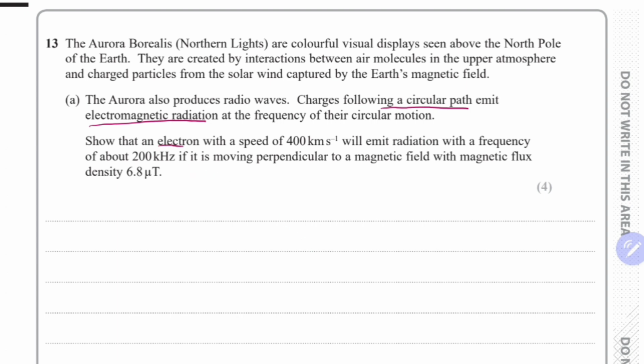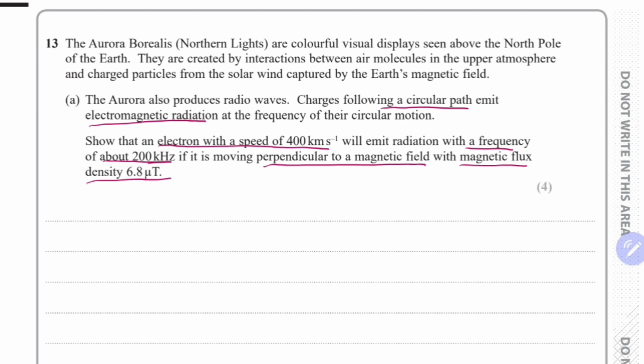Show that an electron with a speed of 400 km per second will emit radiation with a frequency of about 200 kHz if moving perpendicular to the magnetic field with a magnetic flux density of 0.8 microtesla.